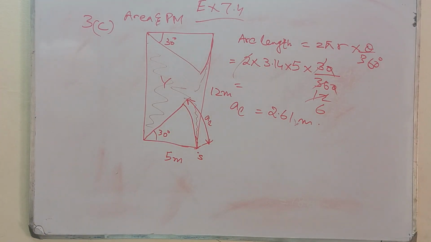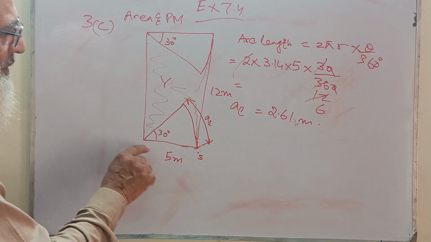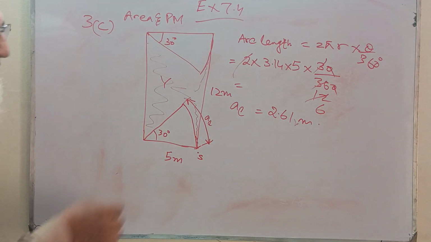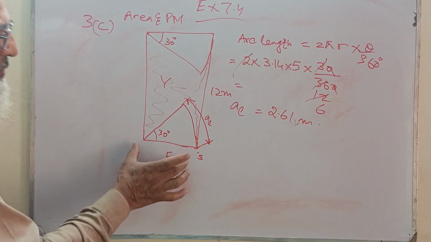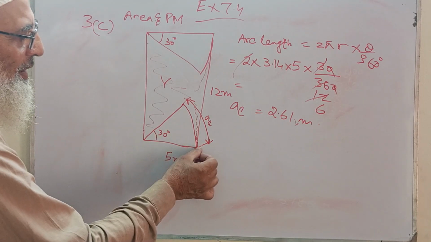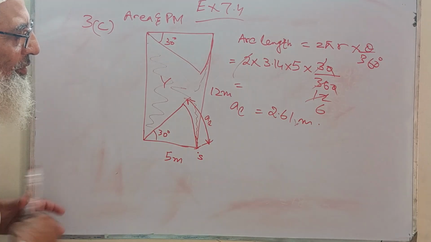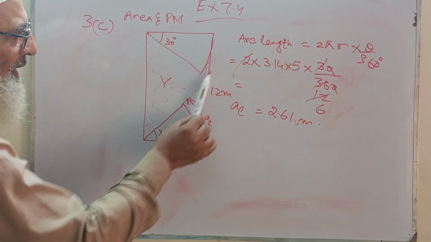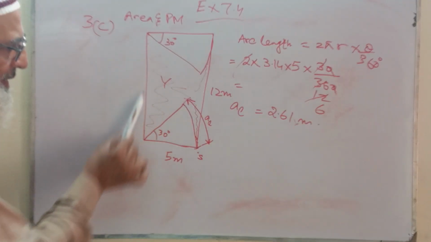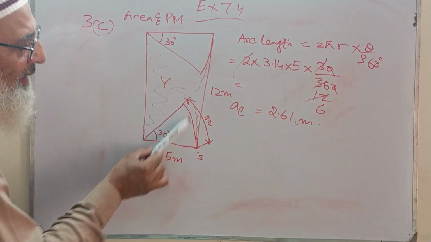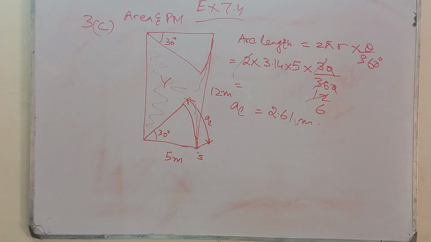From this starting point, we go from here to here, then the circular path, then the radius, then the longer side, then again the radius and back to the starting point. This is right.